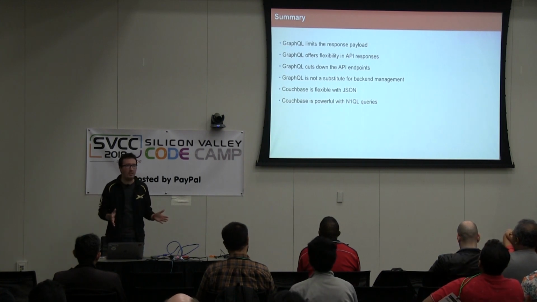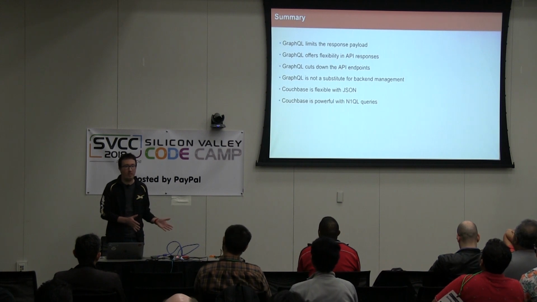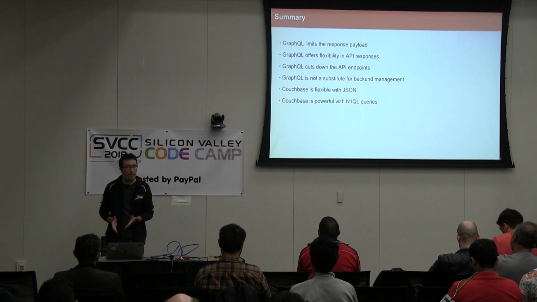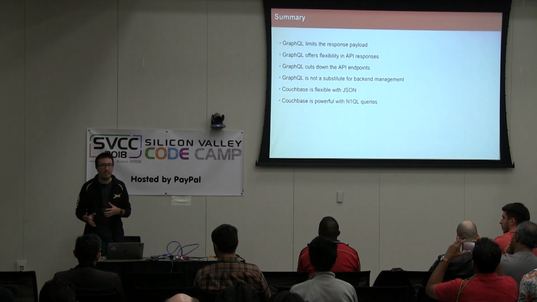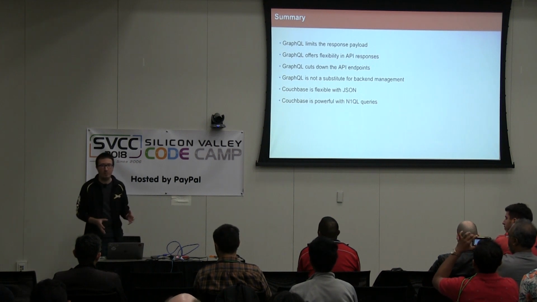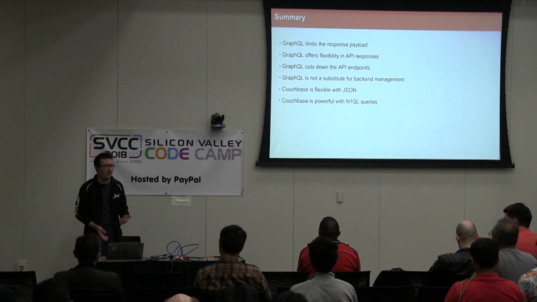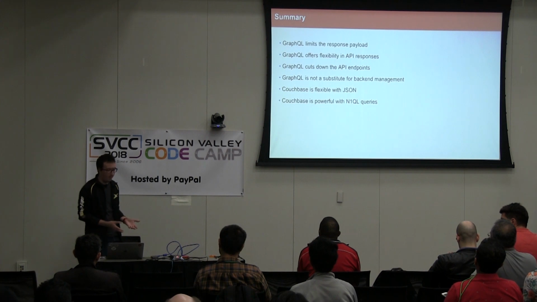And this is open to opinion here. It does cut down the amount of endpoints that you're working with. I guess in trade, you do have to worry about the amount of queries that you're left with. But in theory, at least in my personal opinion, it should be more easy to work with than having to remember, well, what does this REST API endpoint expect as parameters? What exactly are you getting back? You don't have to worry so much about that.